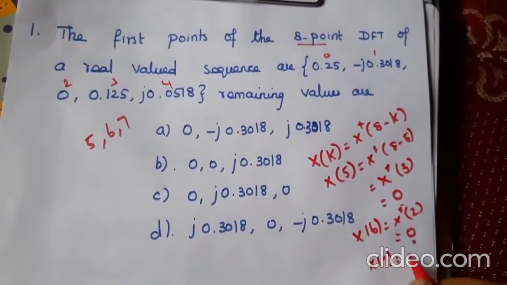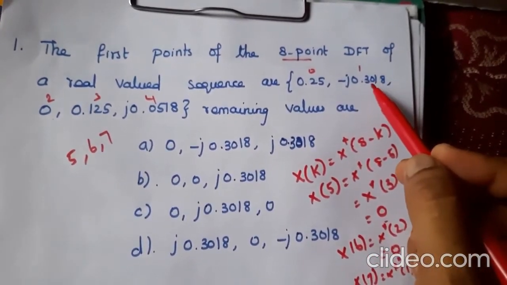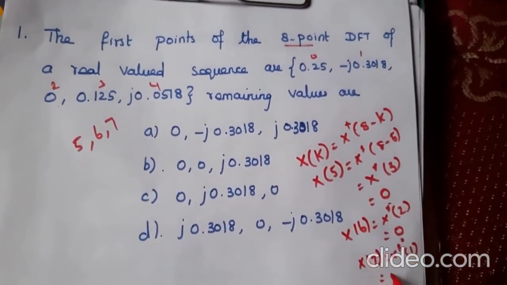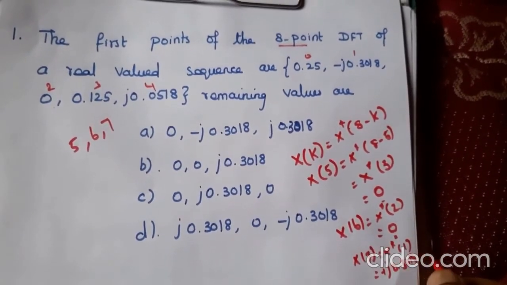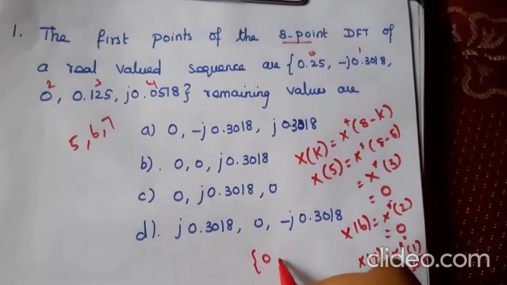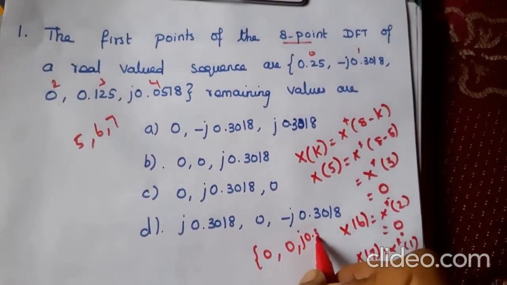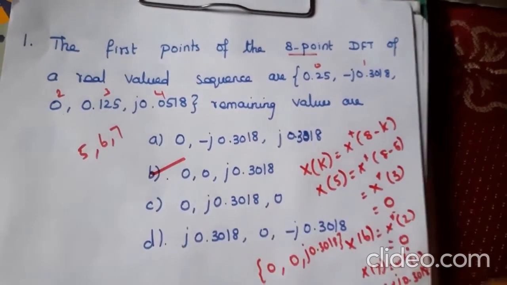Similarly, X of 7 is the conjugate of X of 1, and X of 1 is minus j 0.3018, which becomes plus j 0.3018. So the remaining sequence is 0, 0, j 0.3018. So here the answer is B.